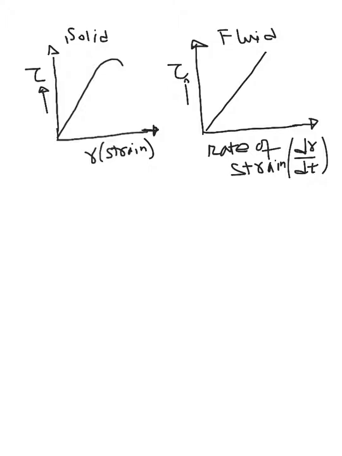After that there will be no recovery in the shape of the solid. So the curve will look like that on the left hand side. However, for the fluid, on the right hand side, it is a straight line and it will come back to its original shape if I remove the forces.